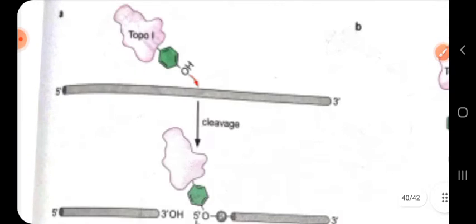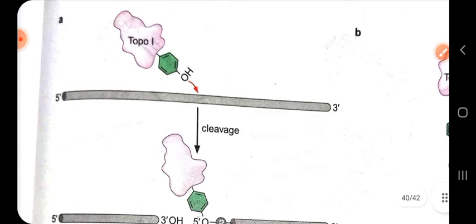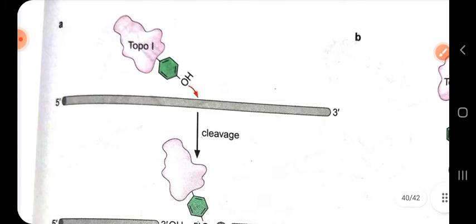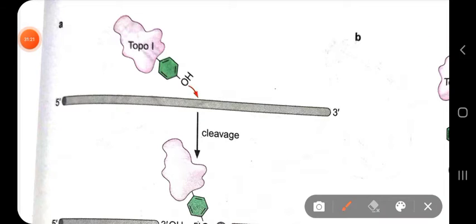Whether it is topoisomerase type 1 or type 2, in their active site there is a tyrosine residue. So this is the active site they have shown, and in that active site there is a tyrosine amino acid residue.